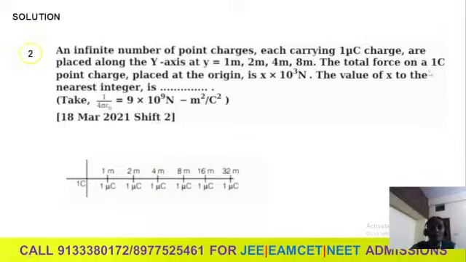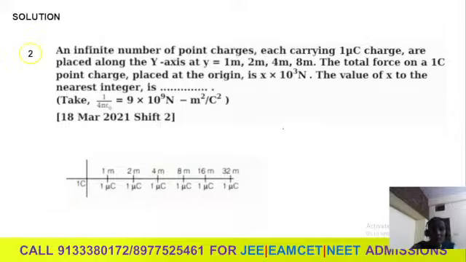The total force on a 1 coulomb point charge placed at the origin, remaining all are 1 micro, is x into 10 power 3 Newton.